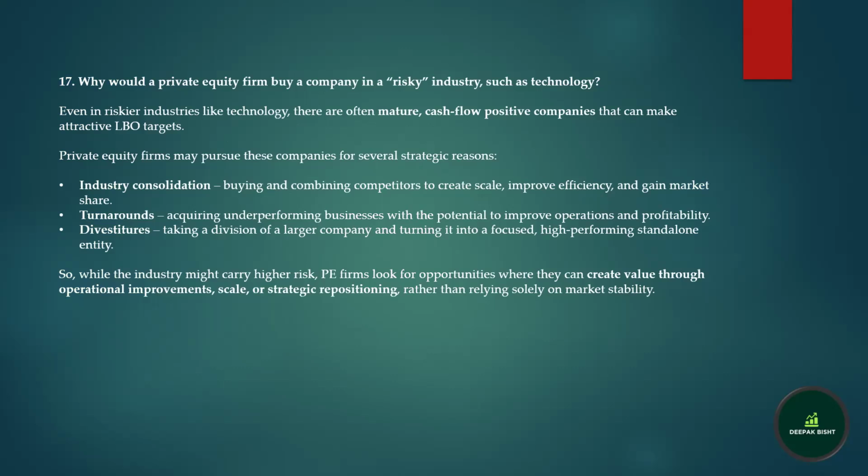And if a private equity firm has already made successful investments in other sectors, adding a technology company could be a strategic way to diversify and balance the overall portfolio risk profile.